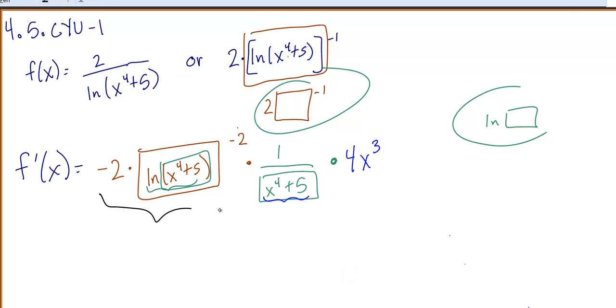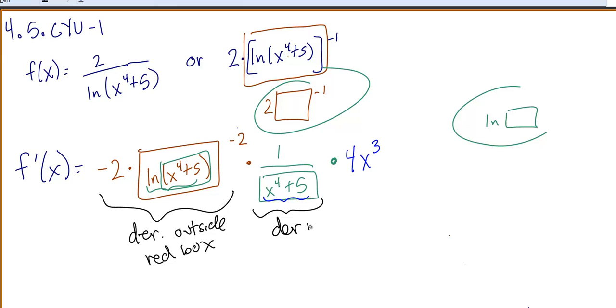So this is the derivative of the outside of the red box. And this is the derivative of the inside of the red box. But it's also the derivative of the outside of the green box.